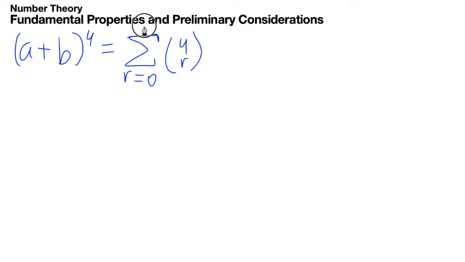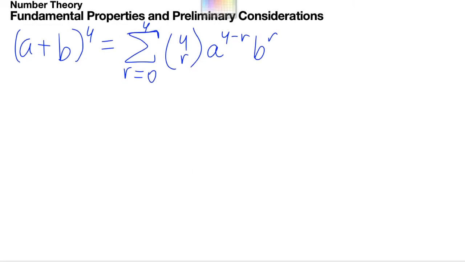and we have a raised to 4, that's our n minus r, b raised to r. So what is happening here is this summation notation is simply telling us to add all the terms, just put a plus sign in between all of them, and have the Pascal's triangle at hand, and start with a, the first term.